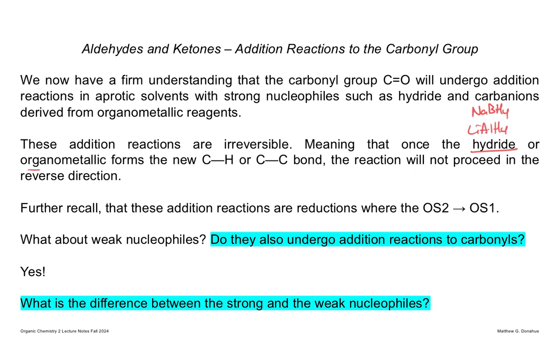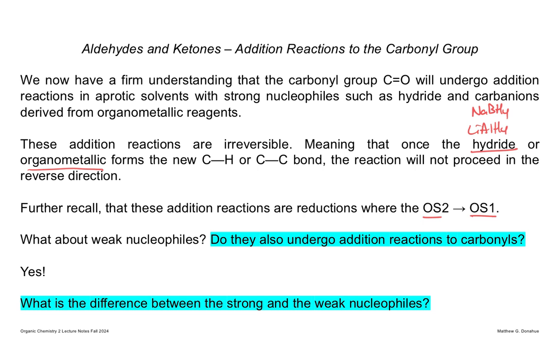And then the organometallic reagents, so carbon anions with lithium or sodium metal, or magnesium ones, which are called Grignard reagents. Those proceed forward 100%. And so these are reductions from oxidation state 2 to 1.